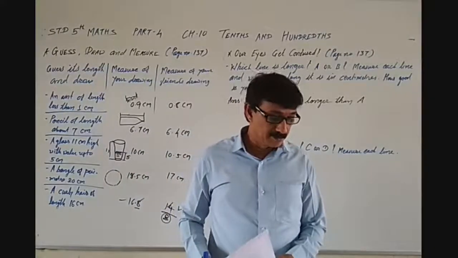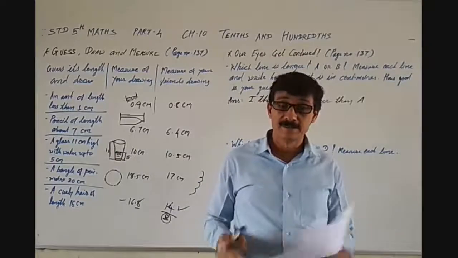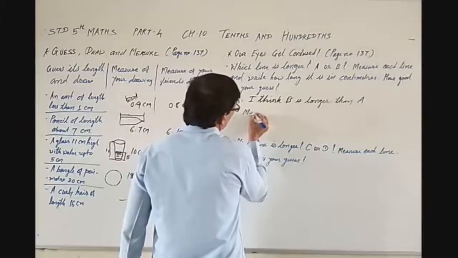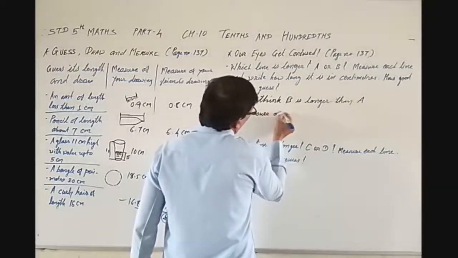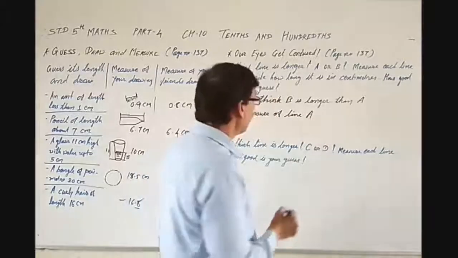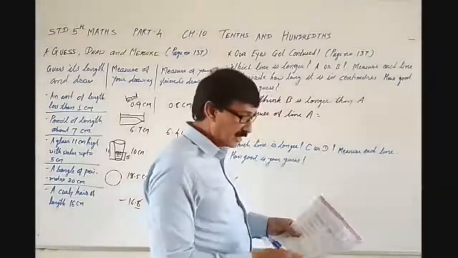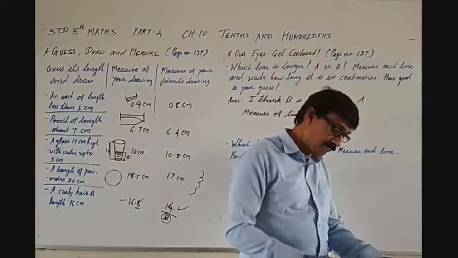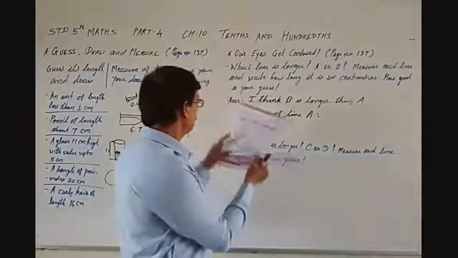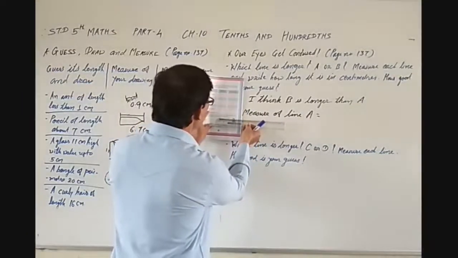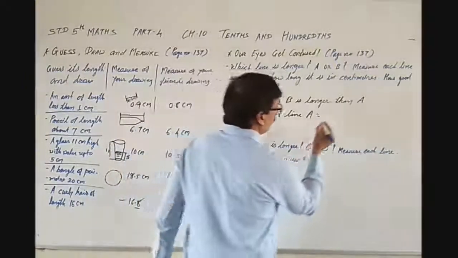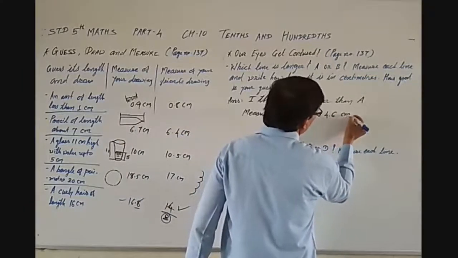Then the question is, measure each line. Suppose the measure of line A is equal to, when I measure this one, and on measuring this, it is 4.6 centimeter.